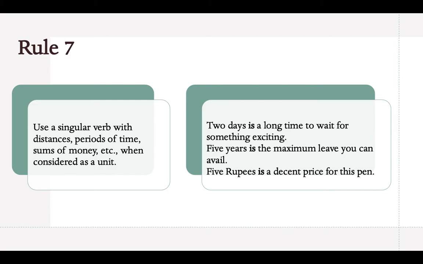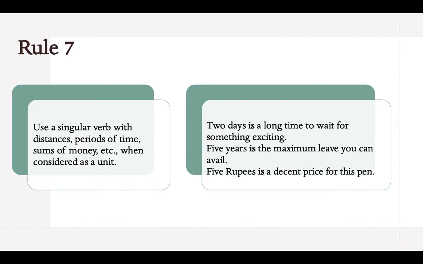Just like 5 years is the maximum leave you can avail. Leave is the word there. That is singular. So 5 years is considered as one unit. It relates to that word leave. 5 years is the maximum leave you can avail. Just like in the next one, you're talking about the price.